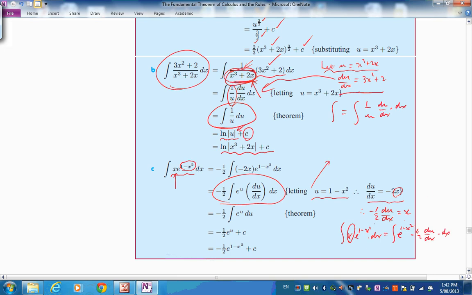So I would rearrange the du by dx to get your x term, and then in the original expression, that x is replaced by that. Then you have neg a half integral of e to the 1 take x squared du. Oh, sorry, e to the u, du by dx.